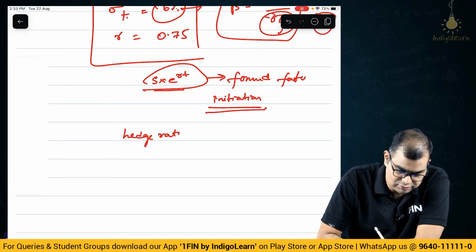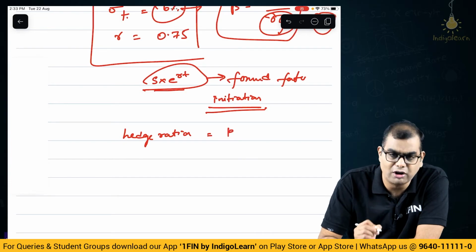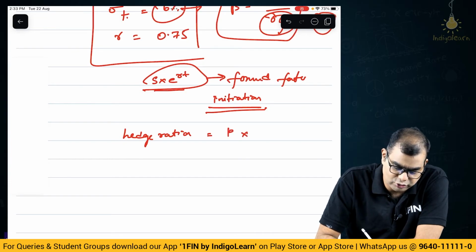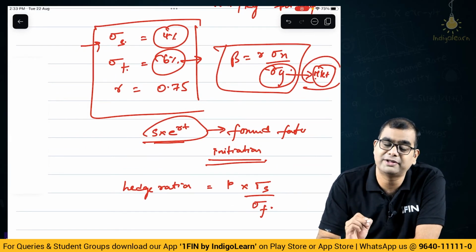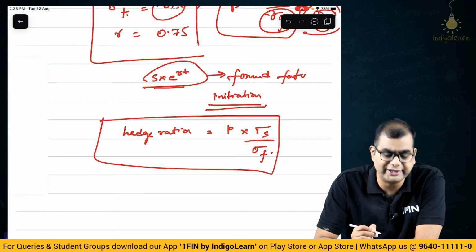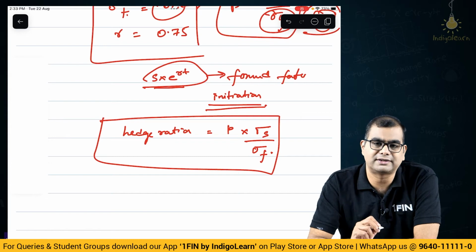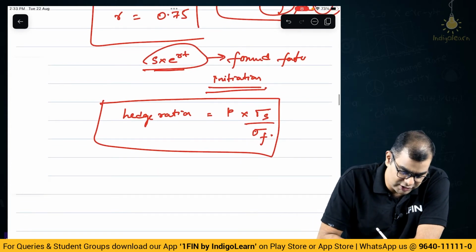So when futures determine the price, the hedge ratio, or what I explained as the formula beta, is rho, or you can call it R, into standard deviation of spot by standard deviation of the future. Why am I saying that? The market is determined by the futures prices. When you are trying to hedge the spot transaction using future, the hedge ratio is arrived at this way. Now, based on this, what is the hedge ratio?